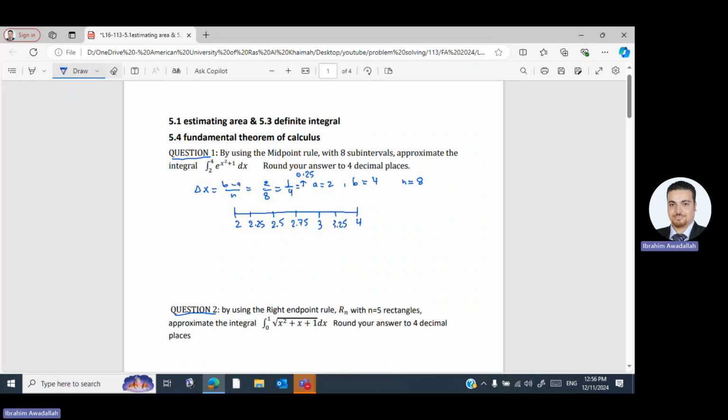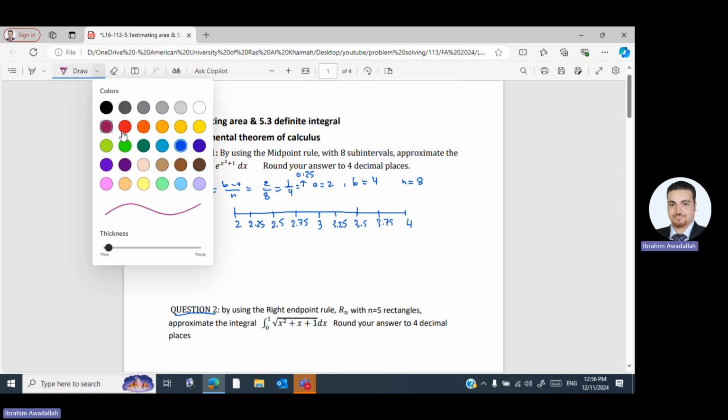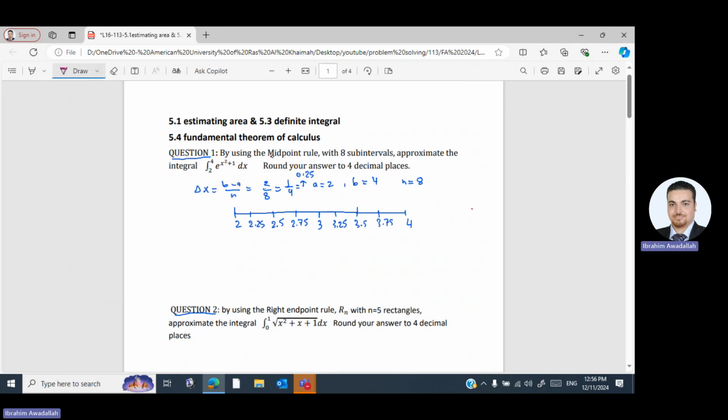We need more space. So we can do this: 3.5, 3.75, and 4. In a different color, we say here midpoint. That means my points will be lying here and here and here and here and here and here and here and here.